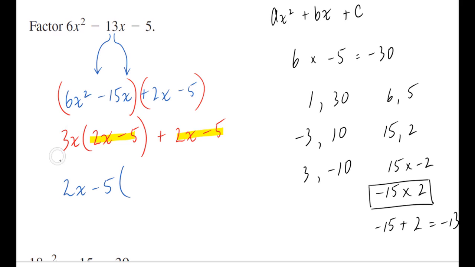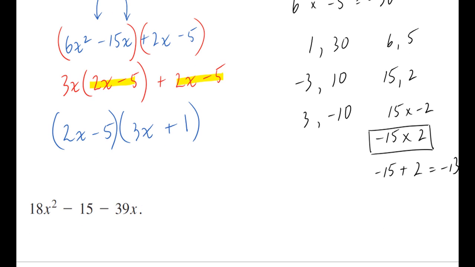Well, in this term, 3x is left. And in this term, if we factor out 2x minus 5 from the whole thing, we're going to be left with 1. Not nothing, but 1. A lot of students make the mistake of introducing a 0, but that's not necessarily true. Now, since we factored out 2x minus 5, it also deserves parentheses. And there you have it. That is how you factor by decomposition.